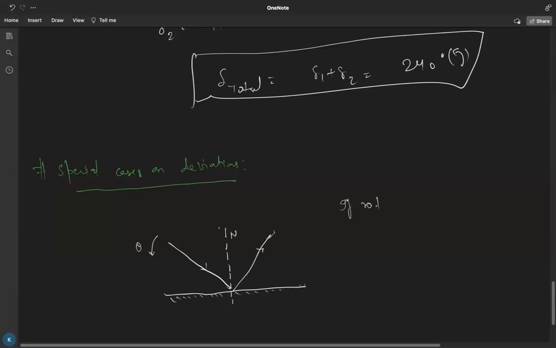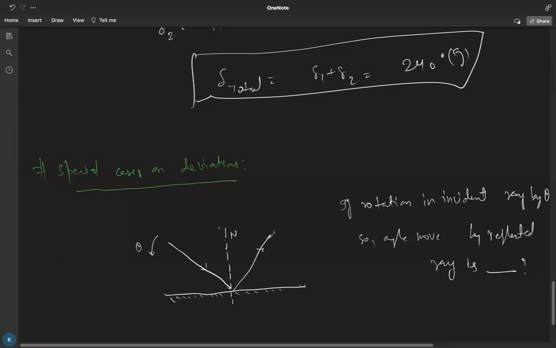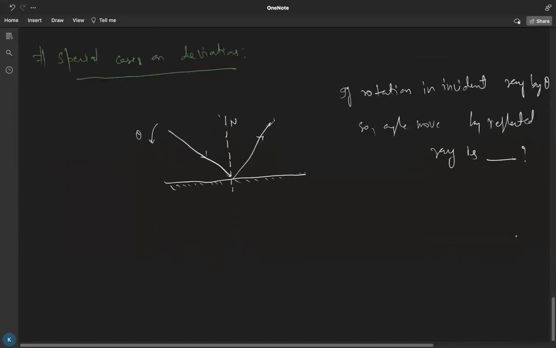If rotation in incident ray is by theta, the angle moved by the reflected ray is also theta, because we have to maintain the laws of reflection, which state that the angle of incidence is equal to the angle of reflection, right?